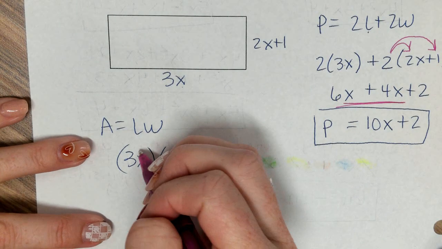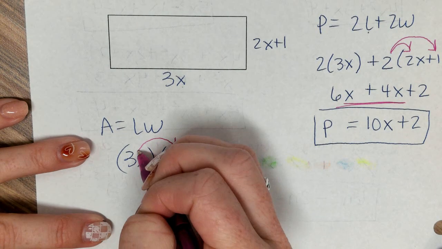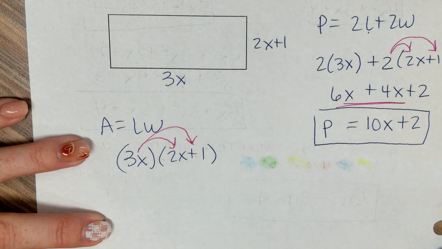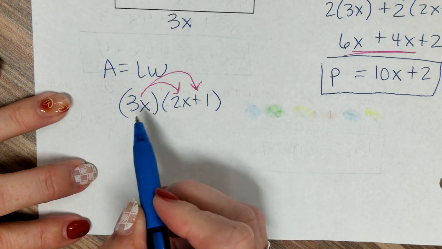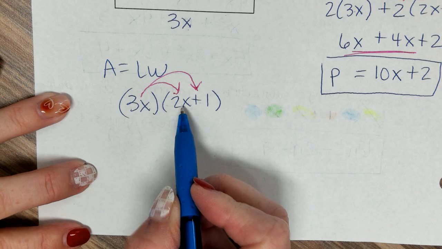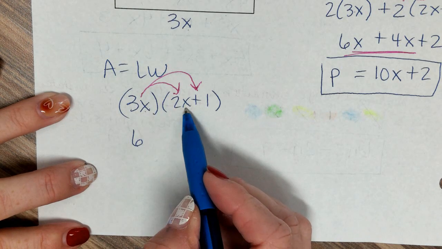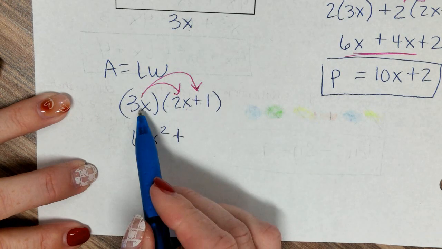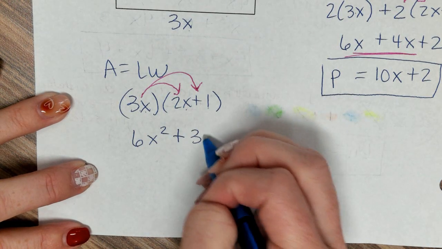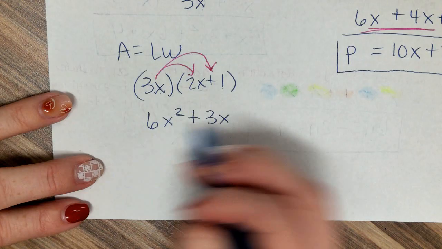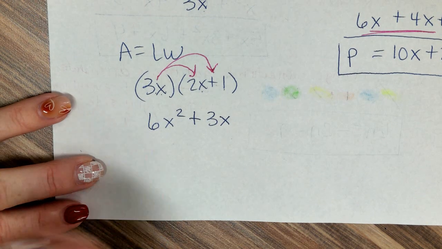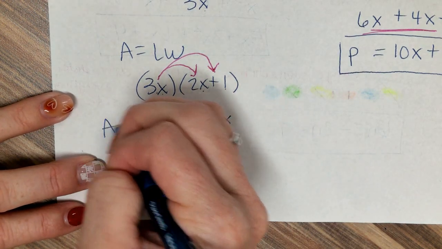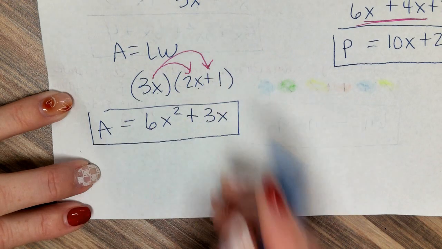I'm going to distribute 3x to 2x, and I'm going to distribute 3x to 1. What is 3 times 2? 6. What is x times x? X squared. Plus, what's 3x times 1? 3x. Can I combine these 2? No. So that is my answer. That represents the area of the rectangle.